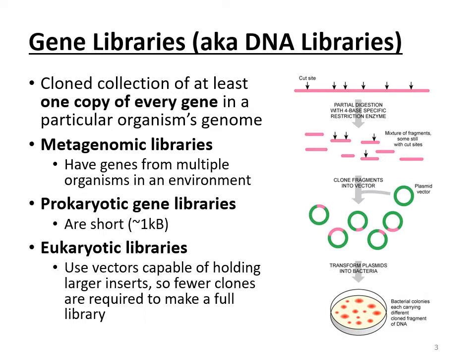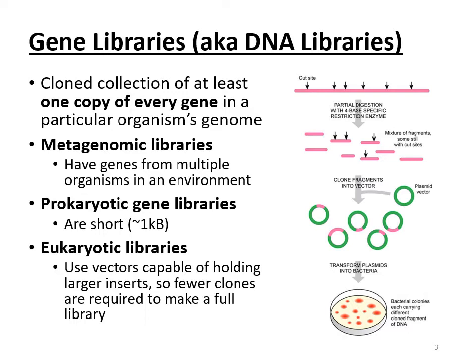Now, there are also with gene libraries what we call metagenomic libraries. So they'll have a plate that has genes from many different bacteria. So a lot of times you see this, for instance, from an ocean environment. They'll collect a sample, and then they'll have a plate that represents all the genes in that particular location.